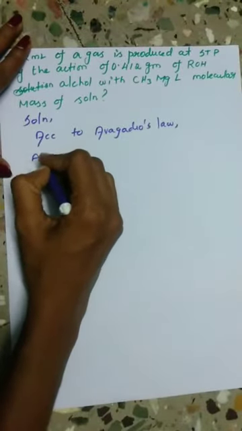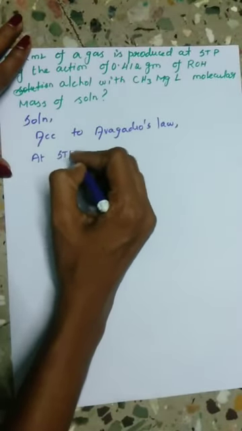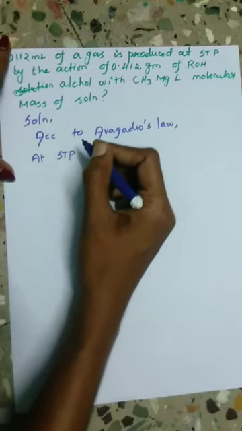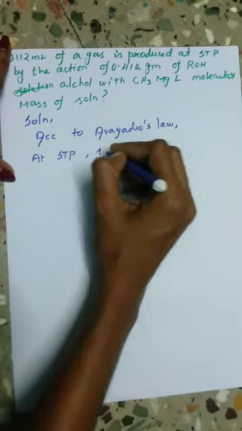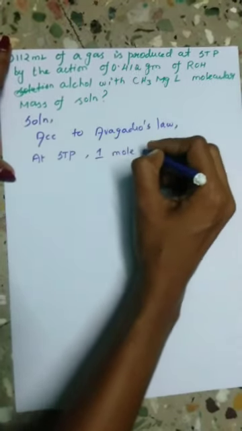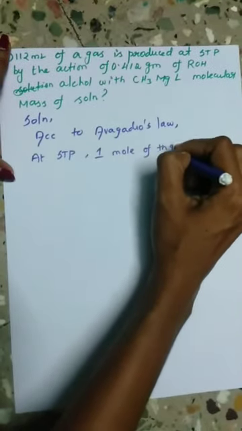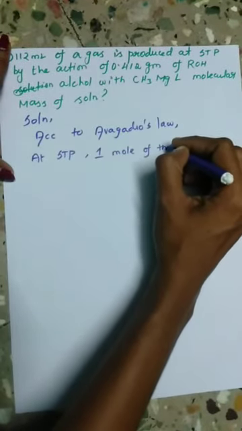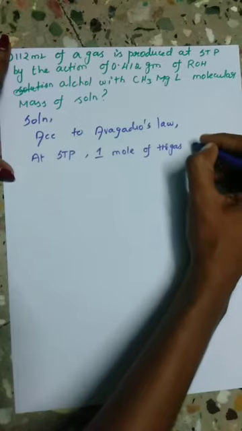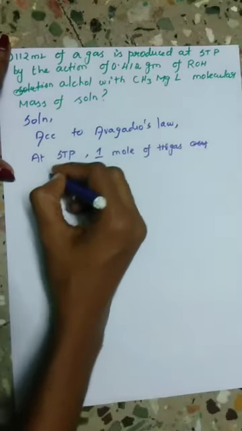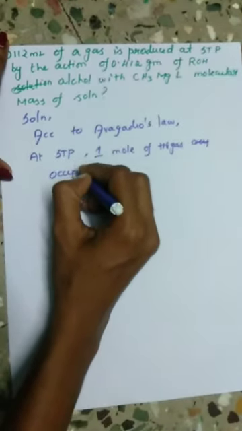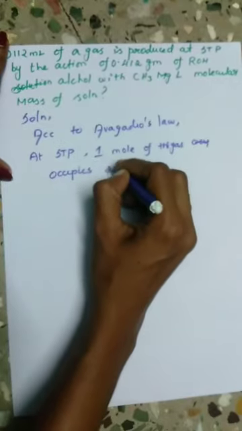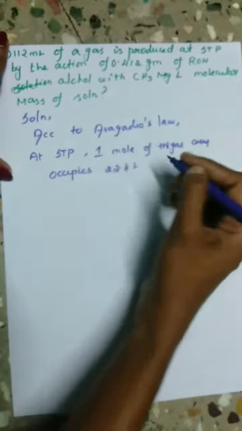So according to Avogadro's law, at STP, which means standard temperature and pressure, 1 mole of a gas occupies 22.4 liter.